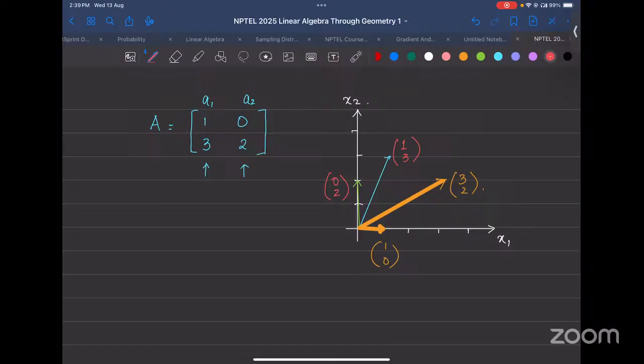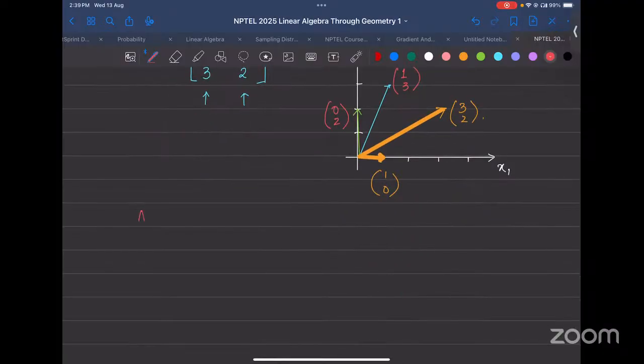For example, take the effect of this matrix A, which was 1, 3, 0, 2. Let me take this vector x, which is 1, 0, and see what happens.